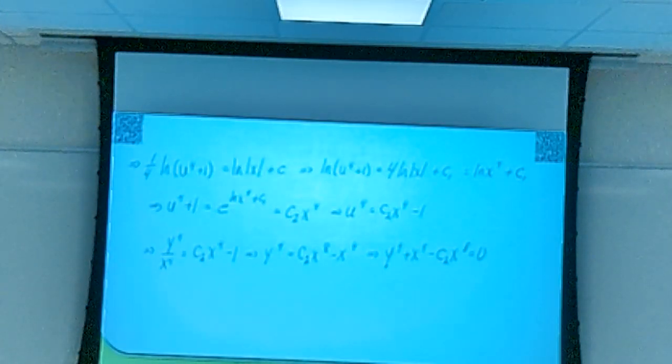Let's leave it like that. You cannot explicitly solve for y in this case, right? Because it's an even power. We'll say that's our solution.